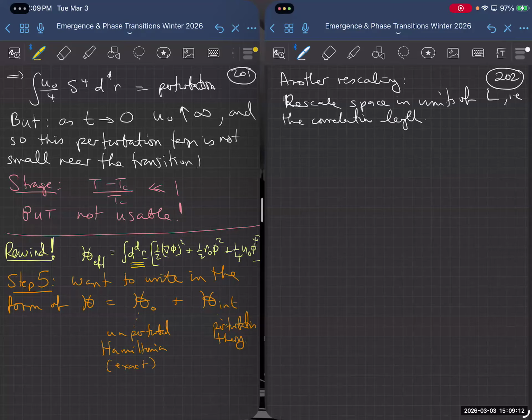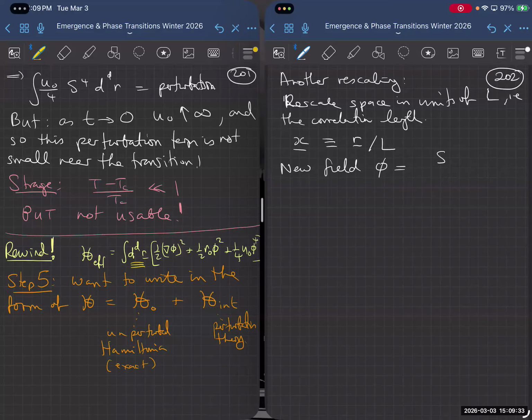So I'm going to define x to be r over L. And then I'm going to define a new field, phi, which is going to be the original field.